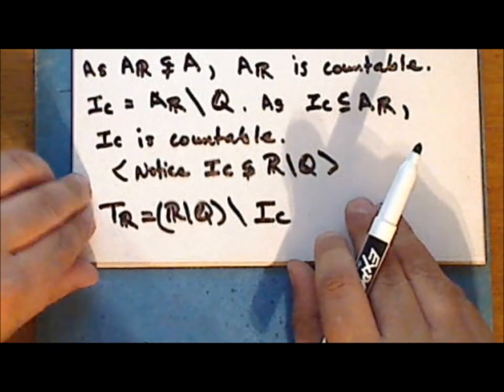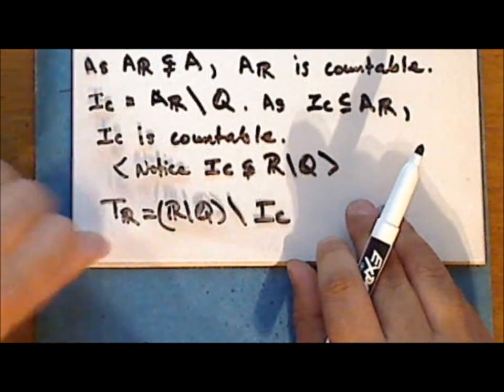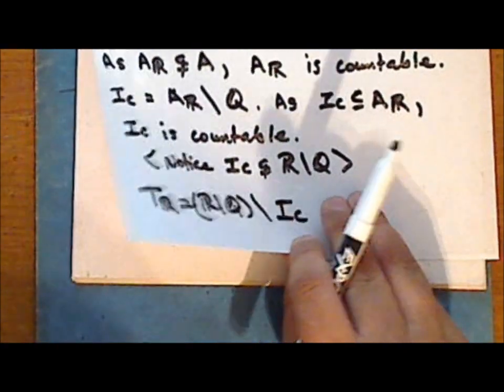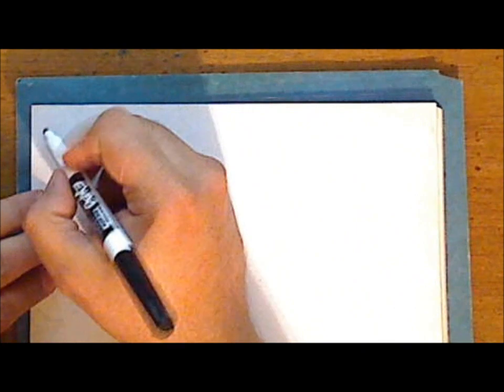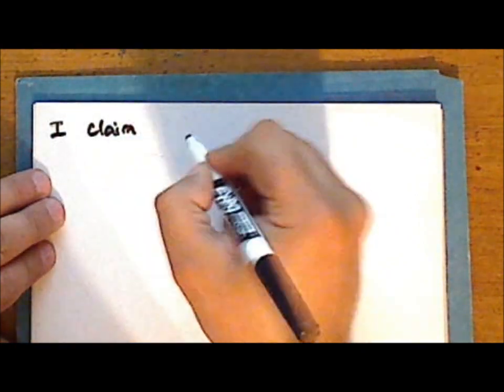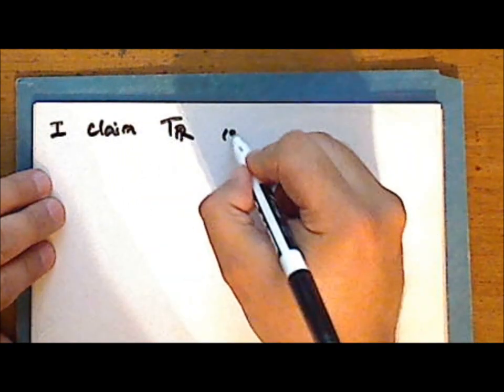All right, so now that we know the exact set that we're playing with, the transcendental real numbers, our claim is that this set is uncountable. So I claim that the set of real transcendental numbers is uncountable.